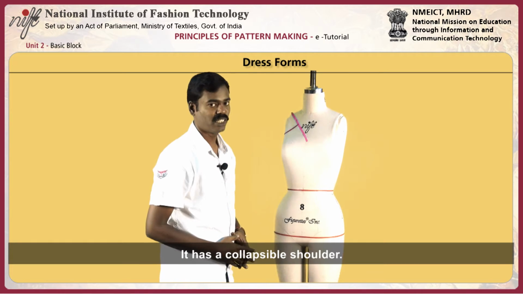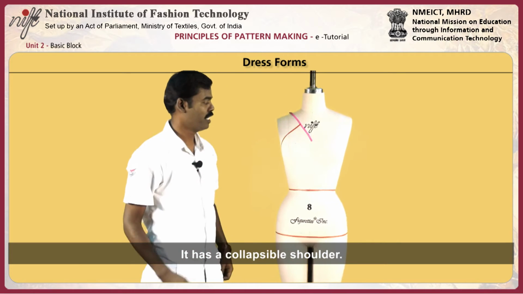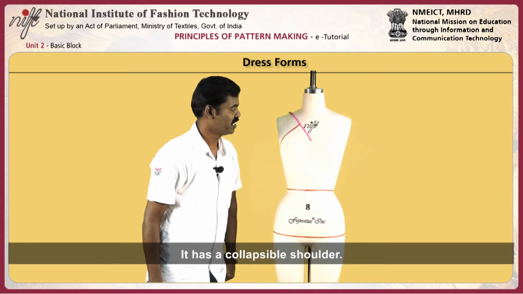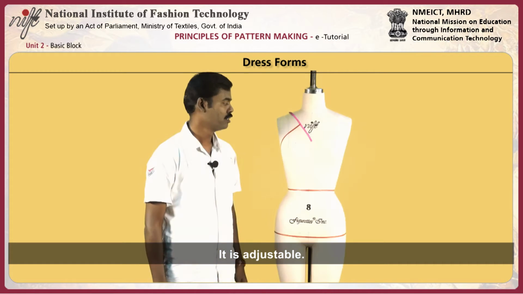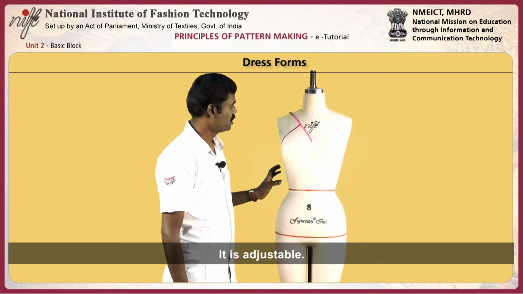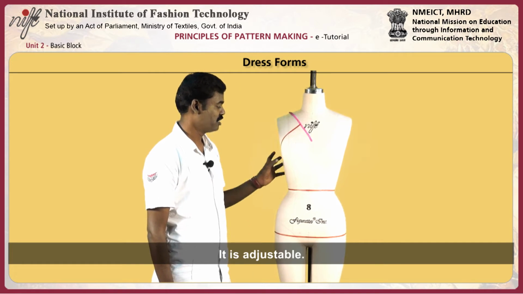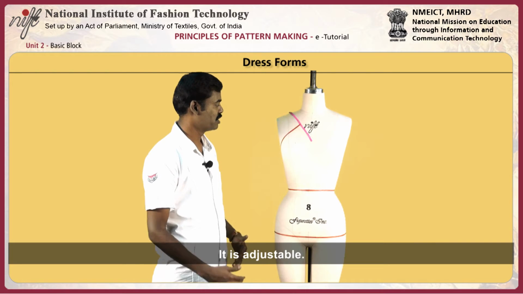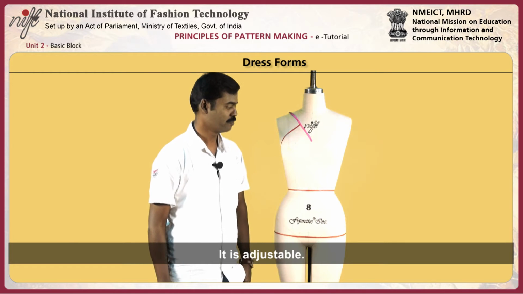Once you put the garment on, press again, it will expand. You can check the fitting. Some of the dress forms have adjustable knobs, so that you can adjust your waist, chest and hip levels. So it's easy to customize based on your customers.